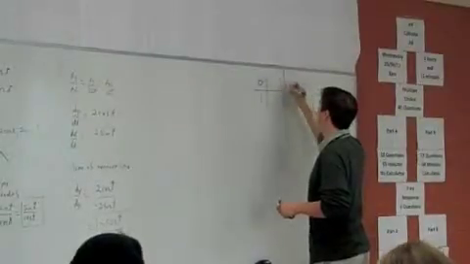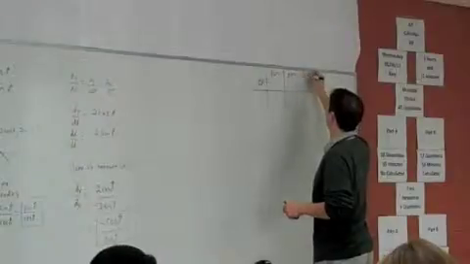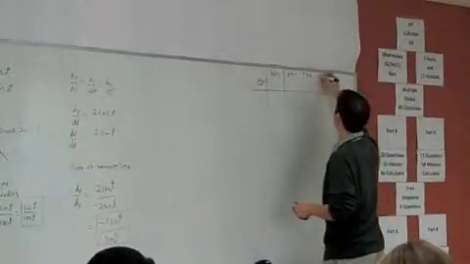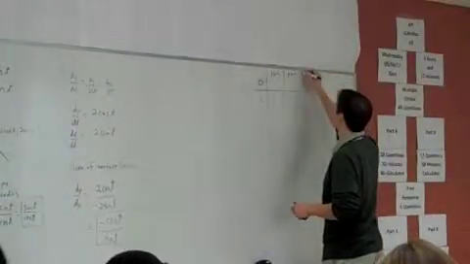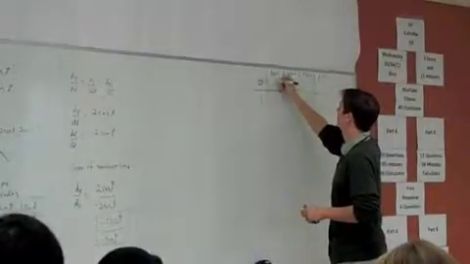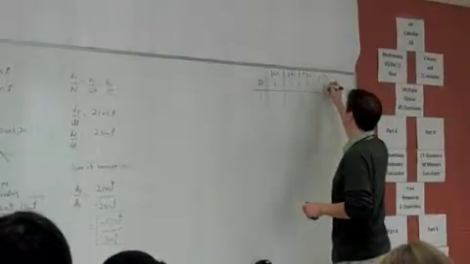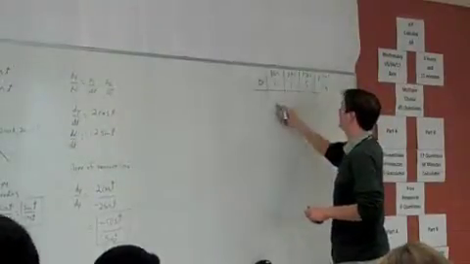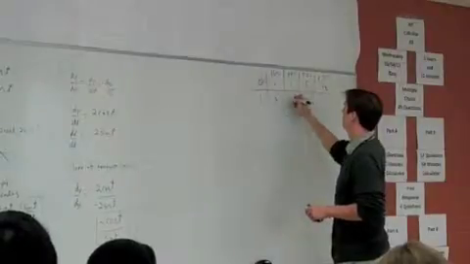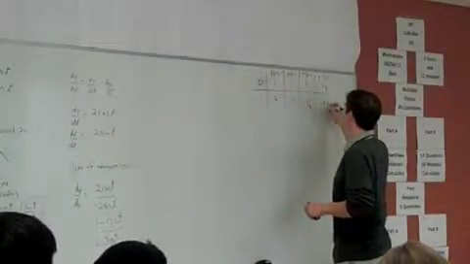I'm given f of x, g of x, f prime of x, and then g prime of x. So this is 0, 1, 1, 1, 5, 1/3, 3, -4, -1/3, -8/3.